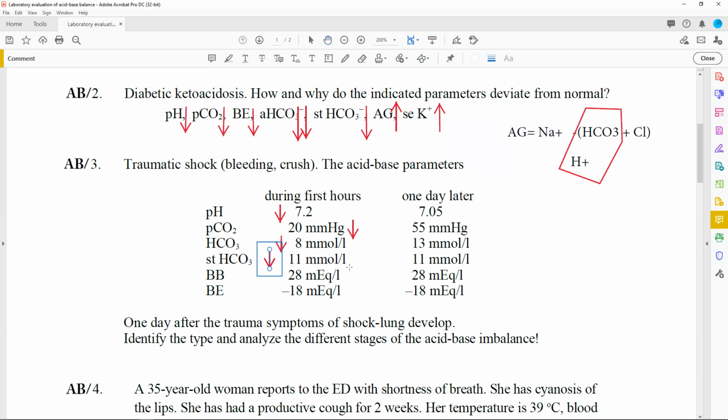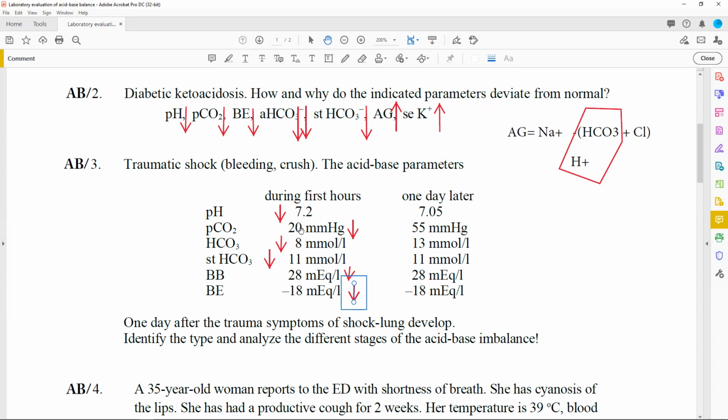It's also low, and the base excess is negative, it's also low. So that means we do have a metabolic acidosis, respiratorily compensated.